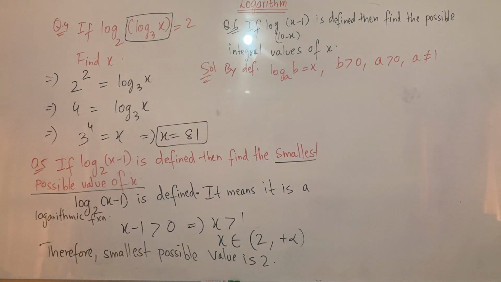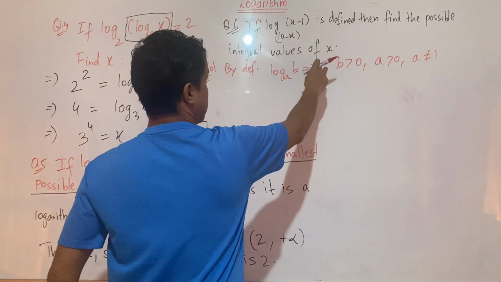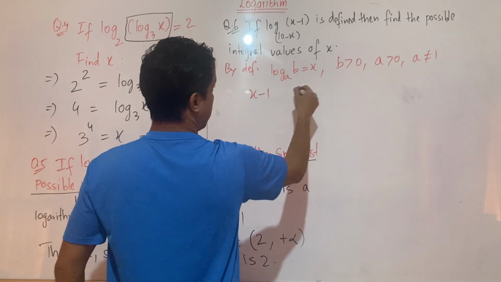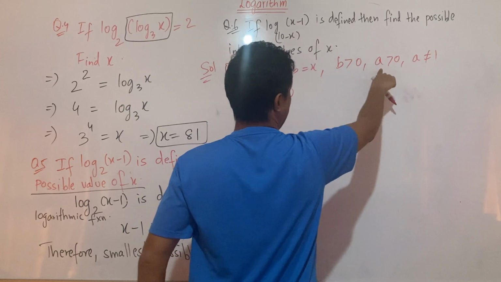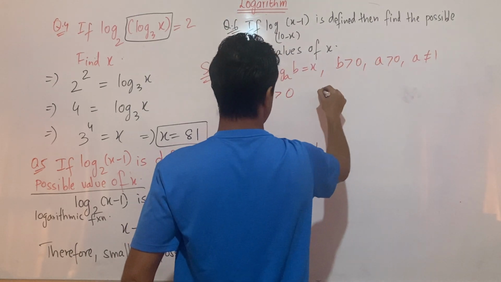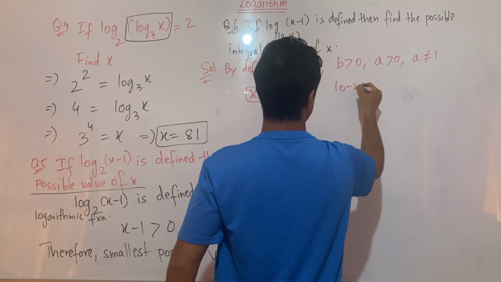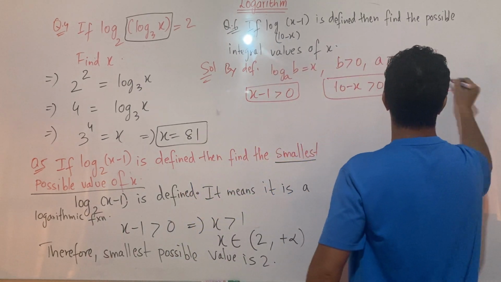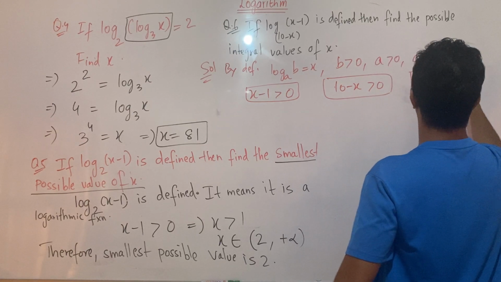So if it is a logarithmic function, it has to follow this condition. So b must be greater than 0. The first condition is that x minus 1 must be greater than 0. Second is 10 minus x is greater than 0. And third is 10 minus x should not be equal to 1.